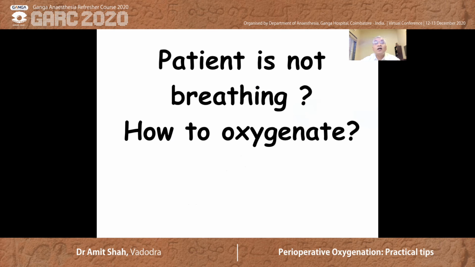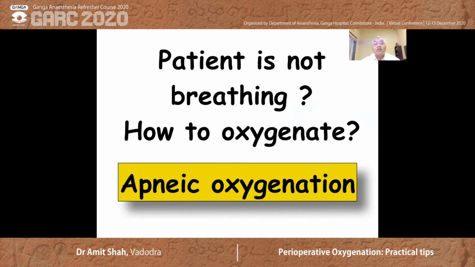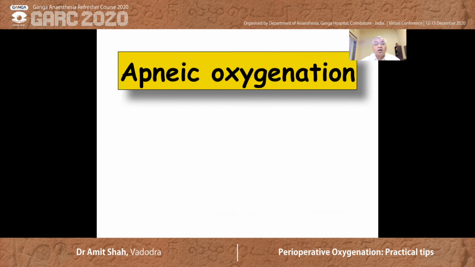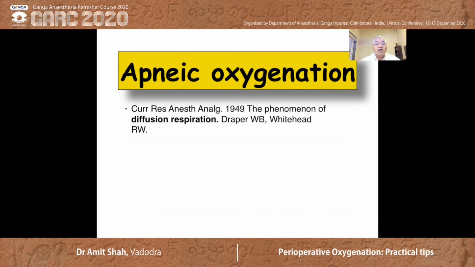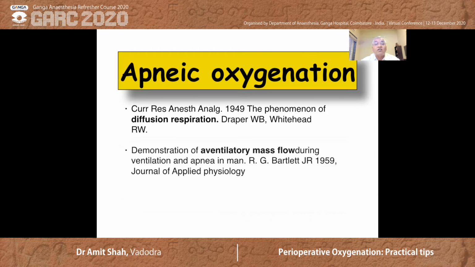Now here we are talking about a patient who is not breathing, the patient is apneic, and we are trying to oxygenate. How to oxygenate while the patient is apneic? The technique or the phenomenon is called apneic oxygenation. And what is apneic oxygenation? It was actually not a new terminology. It is not a new concept or phenomenon; it was described quite way back in 1949 and 1959 by Draper and Bartlett.